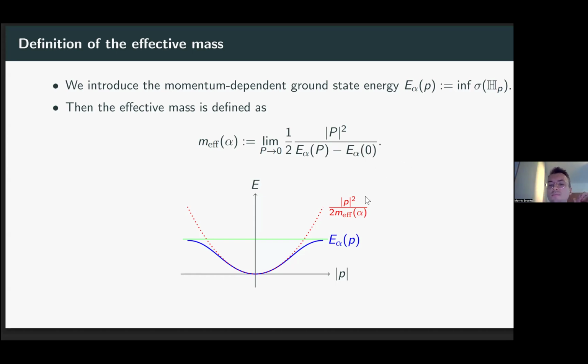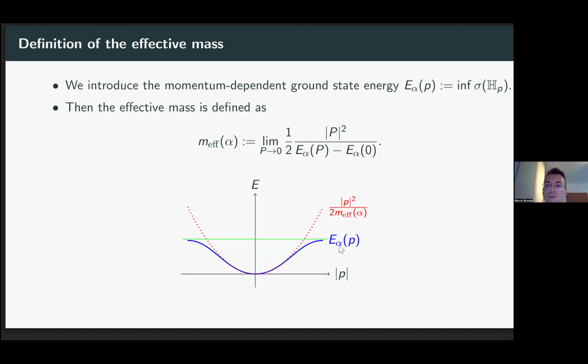However, I think this whole definition can be explained much better in terms of a graphical picture. Namely, what you try to do is the following. So here I have, in quotation marks, plotted the energy E alpha as a function of P. Now, as a disclaimer, this is not a numerical simulation or anything of the sort. These are just functions I have chosen by hand to make the picture look nice.